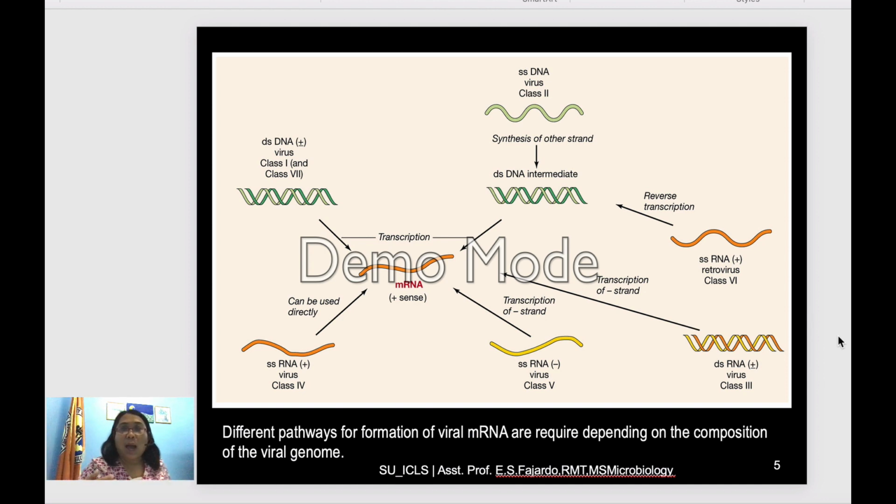I have already expounded on that, and this will just simplify which one can be used immediately as a messenger RNA, and which one needs to be converted first, for example the negative strand, into its genetic material for replication or copying.